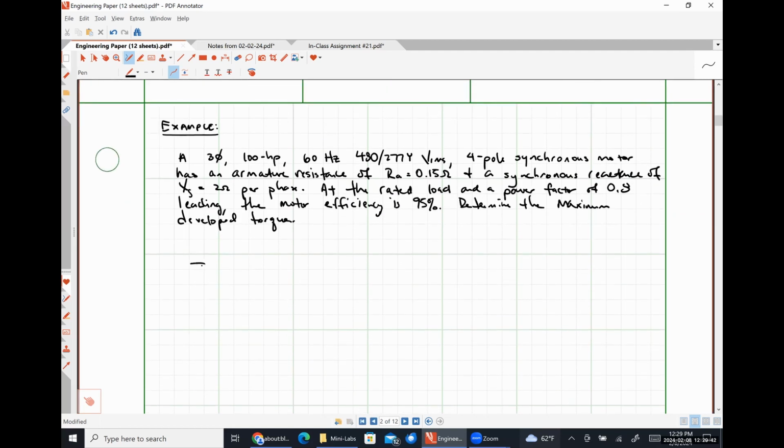So our developed maximum torque, T_D max, is given by either 3 times E_A I_A over omega_S, or 3 E_A V_phi_A over omega_S X_S.